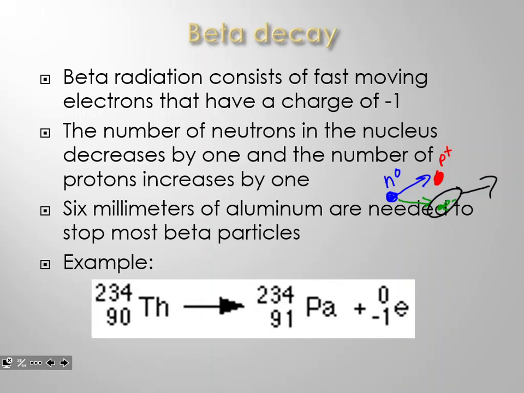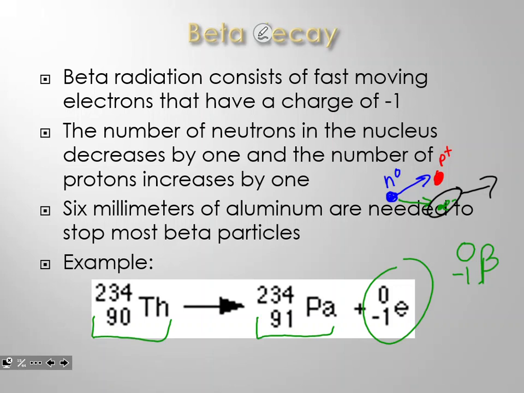And here's our nuclear reaction example. If you're starting with thorium-234, you would end up getting Pa-234 out of it, and here is your beta particle. And you can write beta particles like this as well, 0 with the -1 and then with the beta symbol, and it's like a B with a little tail. I don't write Greek symbols very well, but you get the idea.